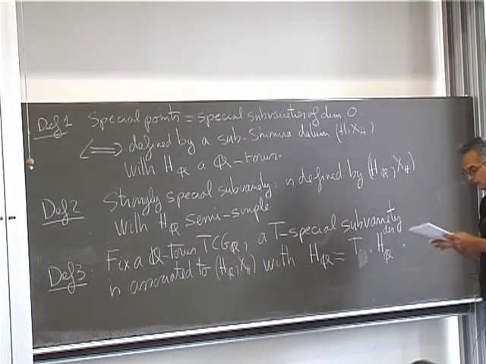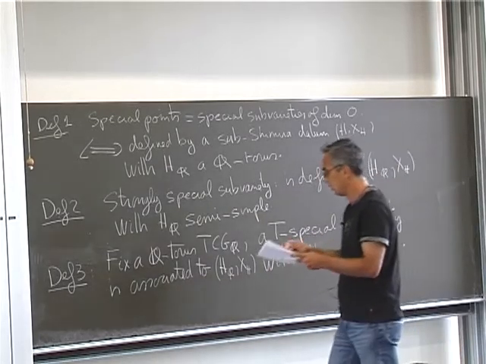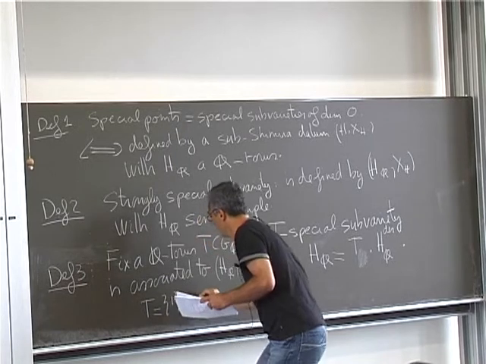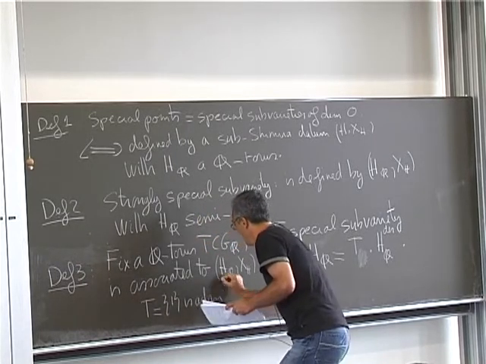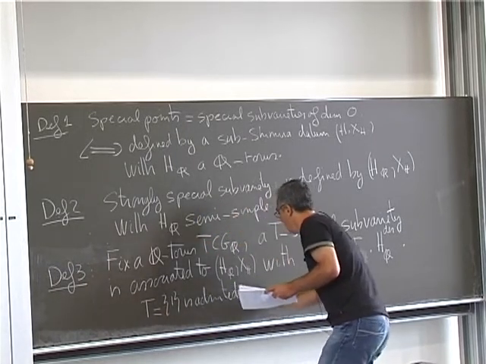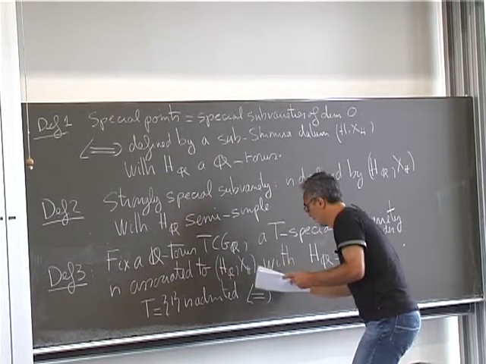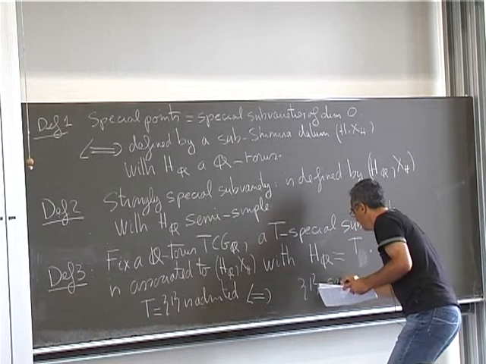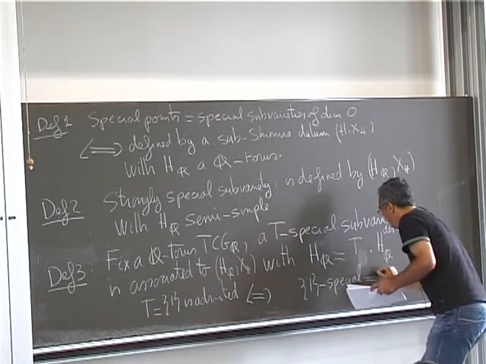So in this situation, T equals 1 is admitted. And if you want, this means that a special point is by definition strongly special.